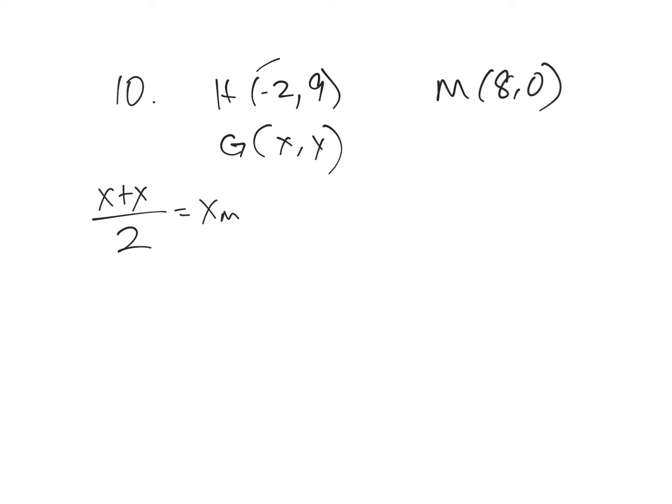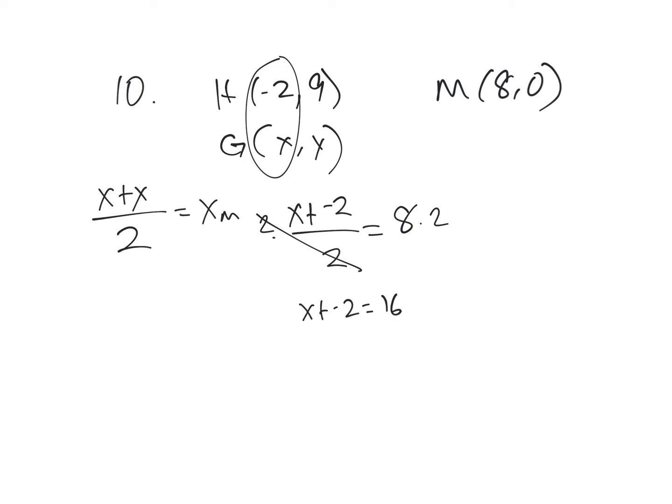So my two x's are x and -2, and my x midpoint is 8. Multiply both sides by 2. I get x plus -2 equals 16. If you subtract a -2, do that. If you add a +2, do that. However it is that you make this 0 is what you want to do. Whatever you're comfortable with, whether you add or subtract, okay? So that's going to be 18.